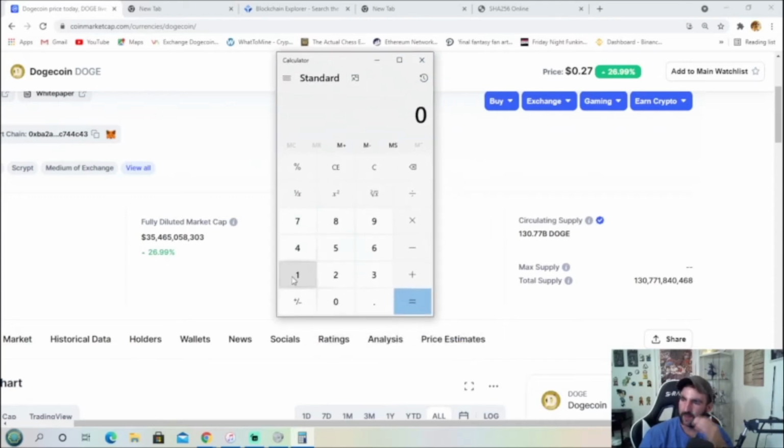So you got 10,000. What's the price of Dogecoin? It's like 27 cents. So if you find a block in Dogecoin, that's $2,700. So like $2,700 is being mined every 2.5 minutes in the Dogecoin network.